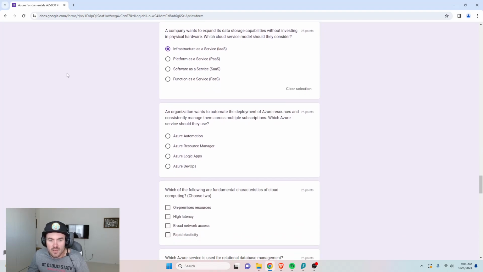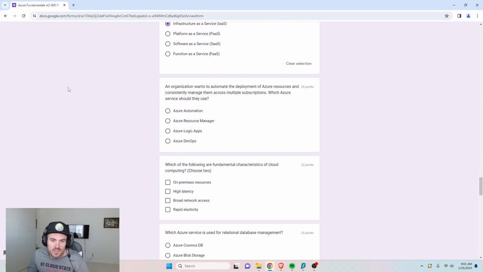Okay. An organization wants to automate the deployment of Azure resources and consistently manage them across multiple subscriptions. Which Azure service should they use? So automate the deployment of resources and manage them. So automation and management. We talked about this earlier.